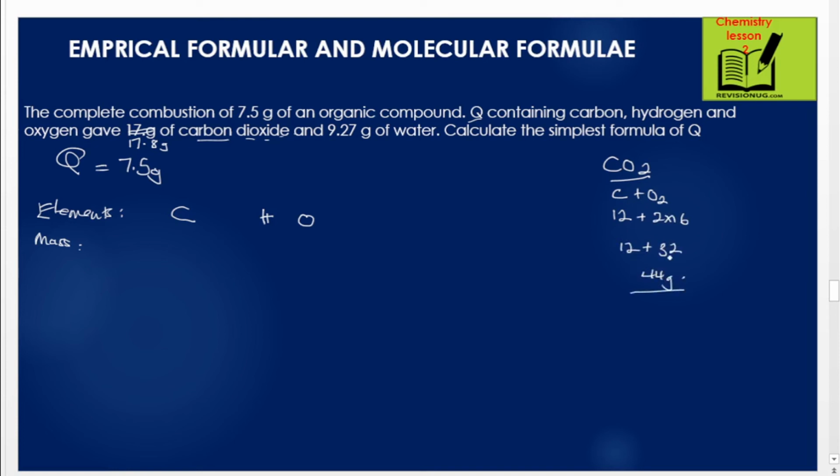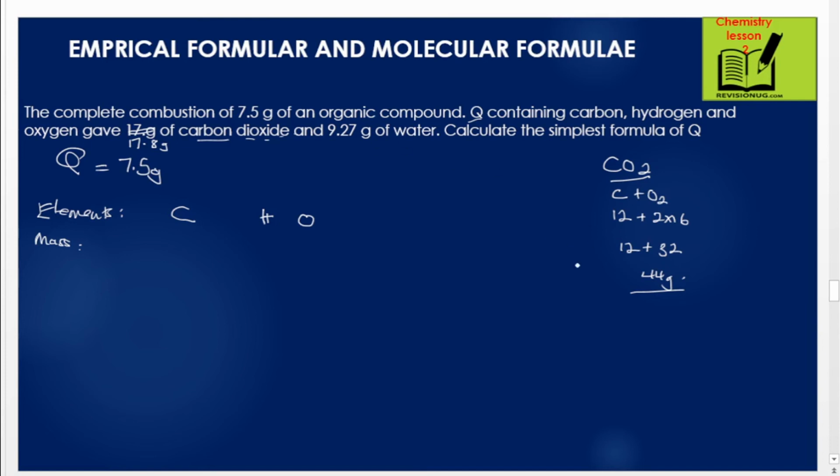Are you seeing this? It means that we are going to use this to identify the carbon, because now we are seeing that 44 grams of carbon dioxide contain 12 grams of carbon. Are you getting that?